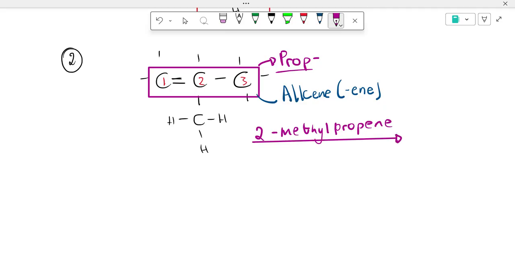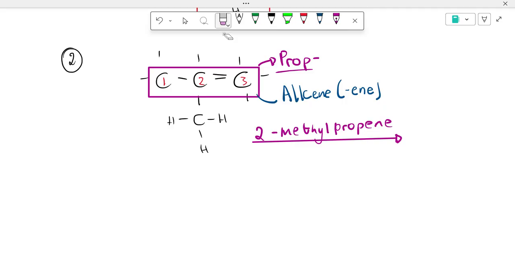Now, why is it that I decide to not specify the location by saying prop-1-ene? Because, like I said, you specify the location if the double bond can be on more than one location. Notice how on a random day I can wake up and decide to put the double bond here.